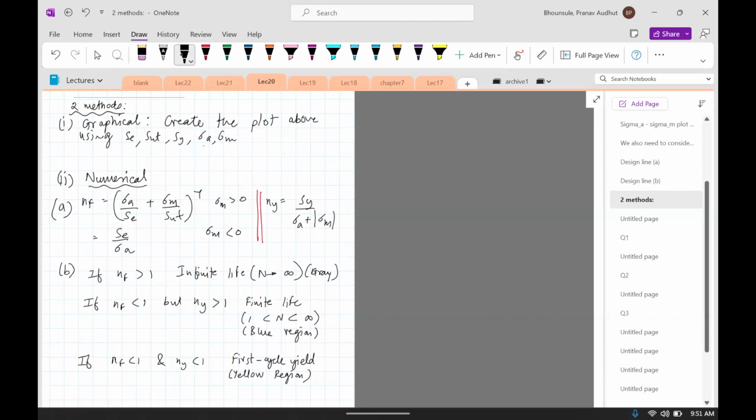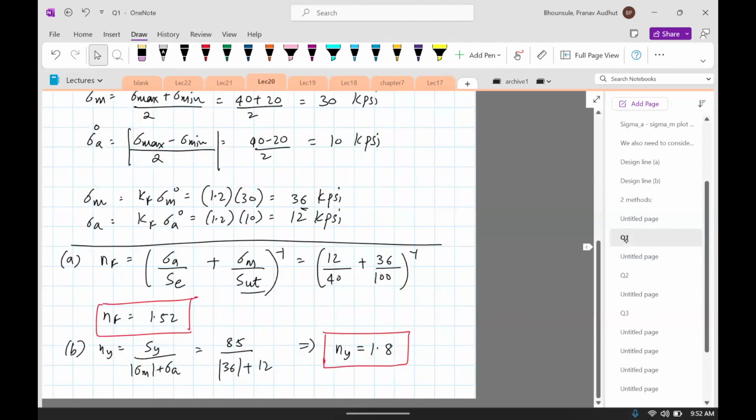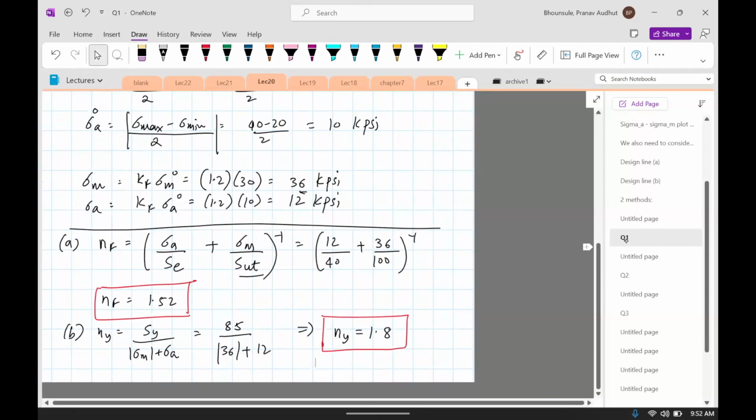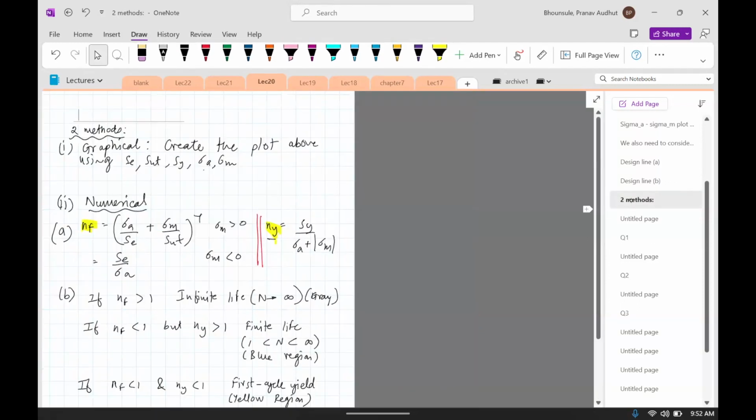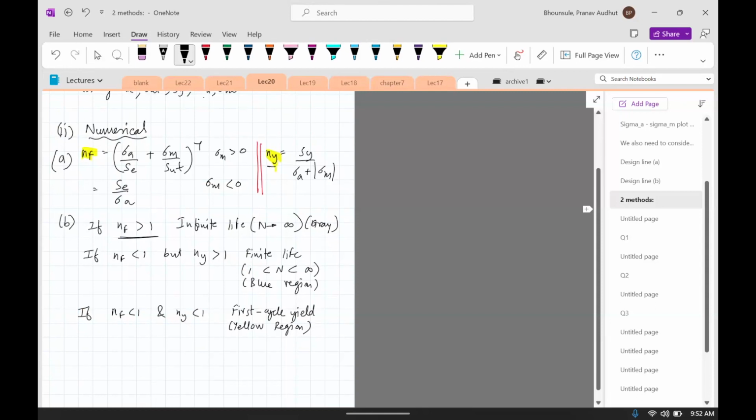Okay, so we compute NF and NY, and based on NF and NY, we are able to figure out the region. Since we already computed NF and NY, it's just a matter of fitting it here. So if you go back here, we see that NF is greater than 1, and we don't really need to check NY.